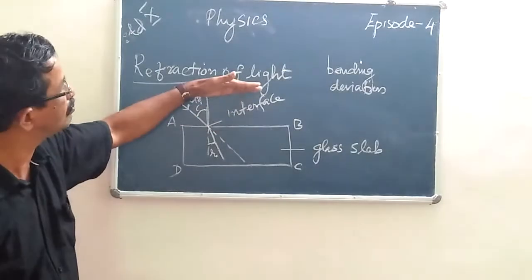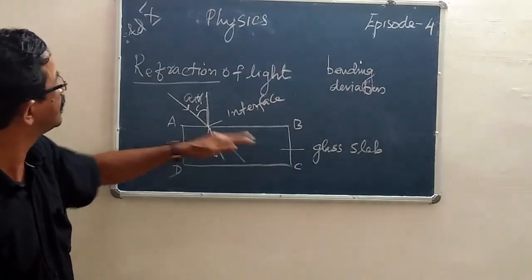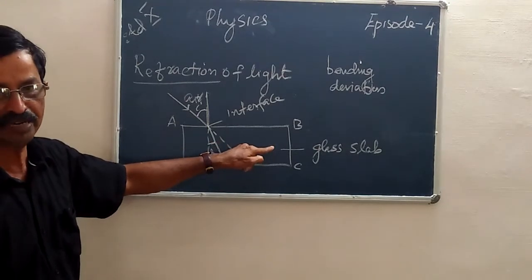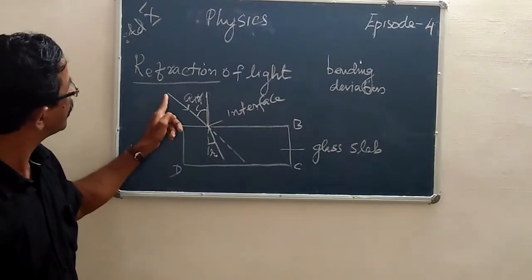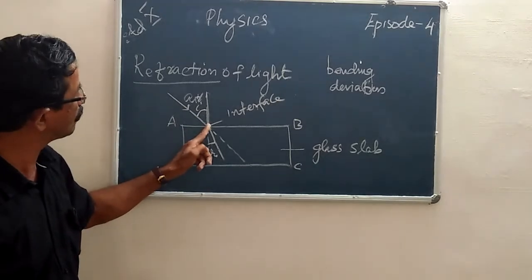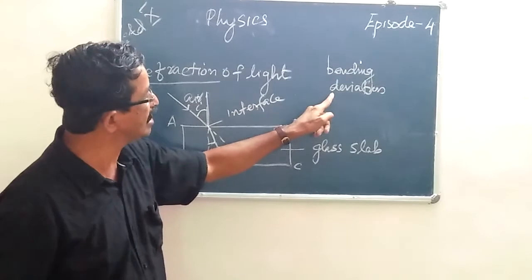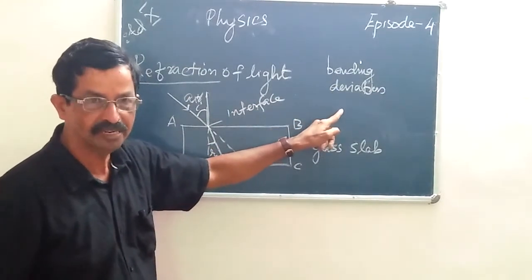Air is a transparent medium and glass is another transparent medium. When light rays pass obliquely from one transparent medium to another, they bend, deviate or change direction.